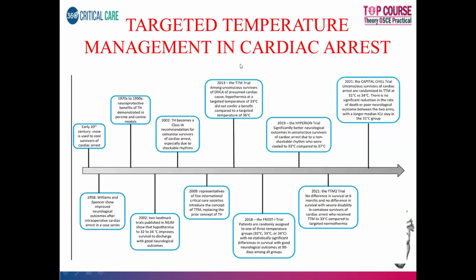Okay, so till then, everyone followed that there should be therapeutic hypothermia. But when this TTM trial came, a question arose whether we really require therapeutic hypothermia or not.